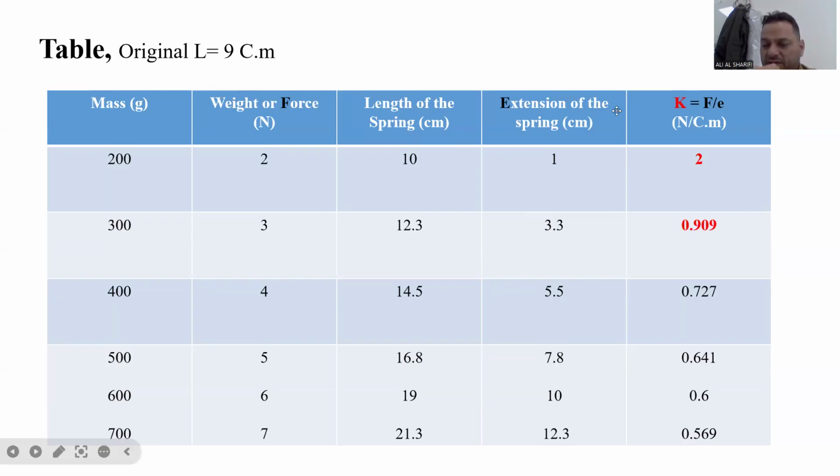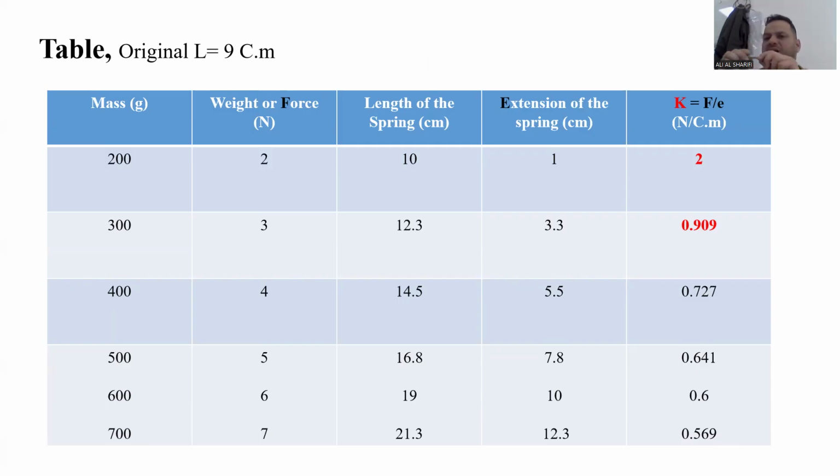On the theoretical side, to verify Hooke's law, we will calculate K approximately and directly. We will say K equals force in newtons divided by extension in centimeters. Okay. Here, the first 2 points are irregular because the other points are close to each other.